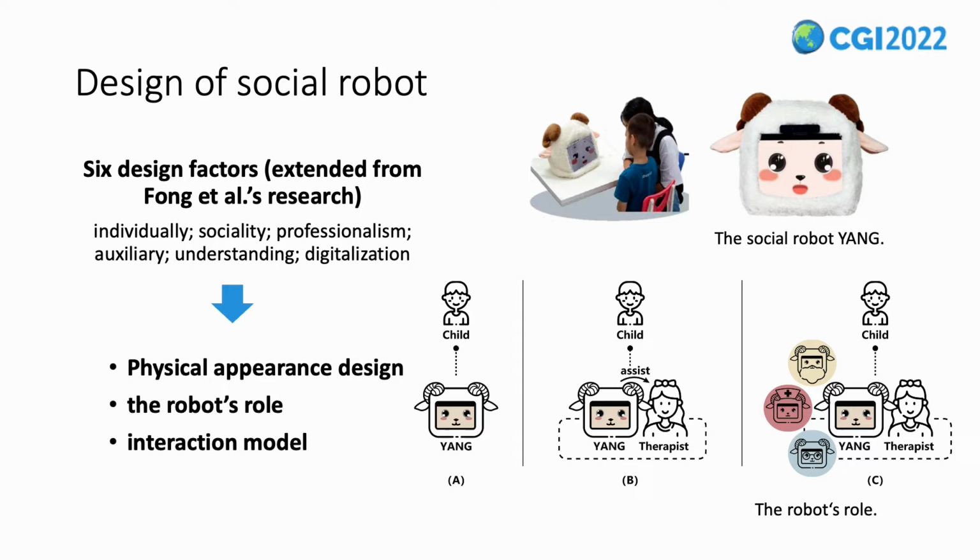During skill learning, Young acts as a teaching assistant, cooperating with therapists to teach children with autism social skills. Also, Young can perform role-playing, and it is able to switch roles between different ages, genders, jobs, and personalities in order to help children to generalize their abilities through an extended simulation environment.